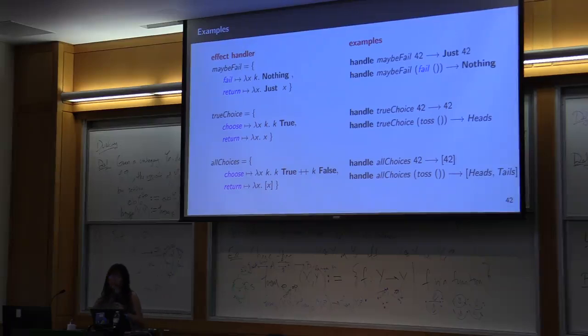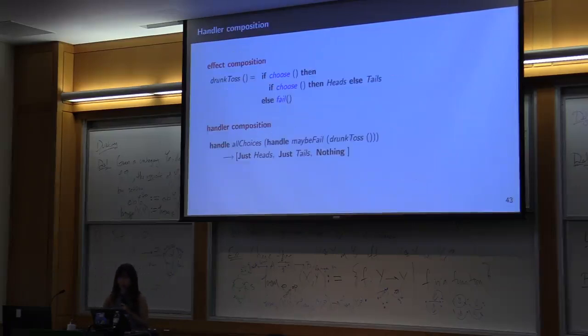So what's more interesting about effect handlers? So far we have seen programs that just perform one operation. But there are also programs that could perform multiple operations, right? And what are you going to do with multiple operations? If you have multiple operations within a program, you have to handle them using multiple handlers.